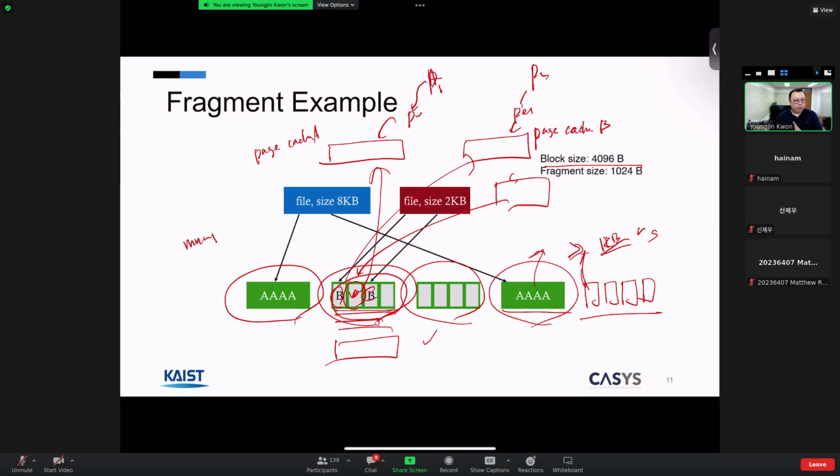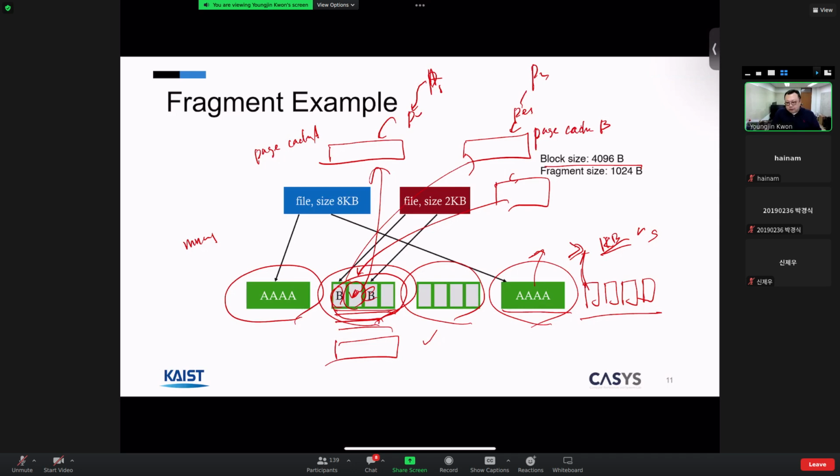So there is some separate metadata to indicate which fragments are freed. I won't go into details here, but definitely FFS has separate metadata for free fragments in a block. That's also kind of a hierarchical bitmap, but let's not talk about that. Okay.